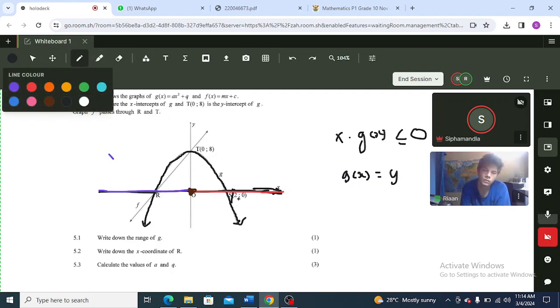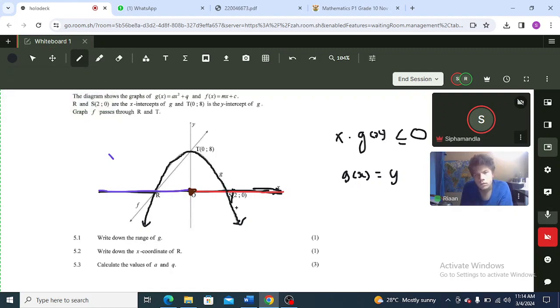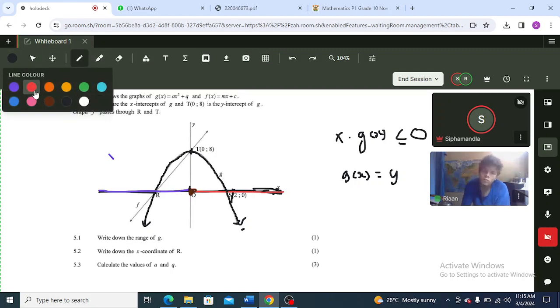Now you can see that at this point over here, when I'm starting from here, I have this function from this point where the x is 0 up until here. I would have the positive x-axis. This function would be on the side of the positive x-axis, right? So let me just circle what I'm talking about.